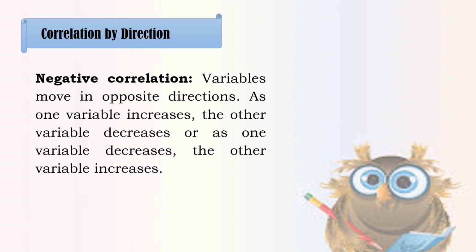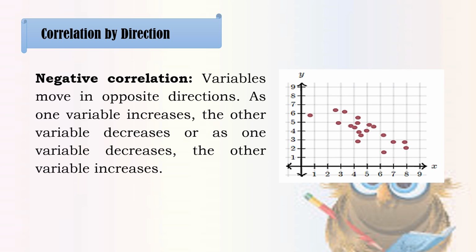The next one is the negative correlation. Variables move in opposite directions. As one variable increases, the other one decreases. So they are opposite. Or as one variable decreases, the other increases.